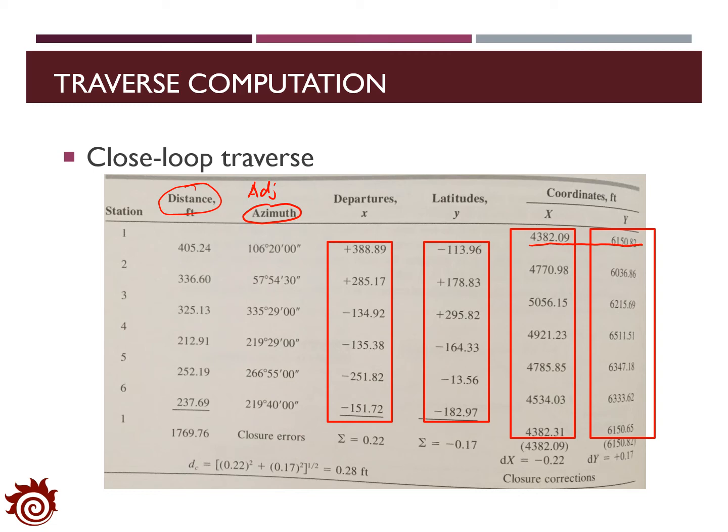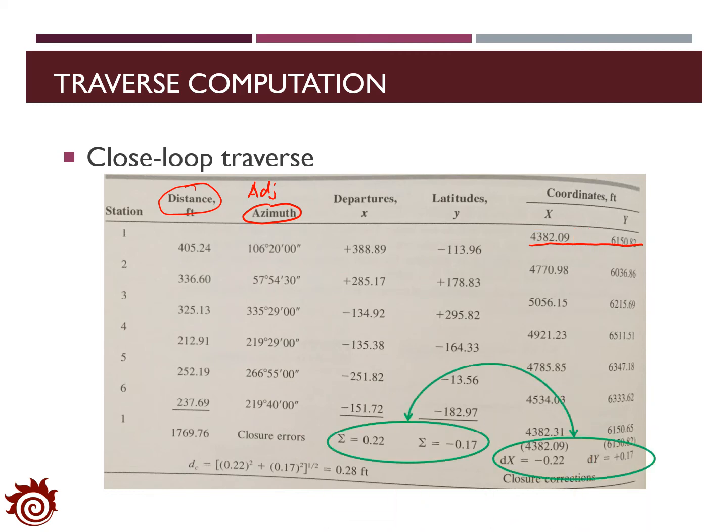As in the closed loop traverse, we will eventually go back to the point 1 again. So we can then compare the estimated coordinate of the point 1 and the true coordinate. With that, we can find out the closure error for x coordinate and y coordinate.